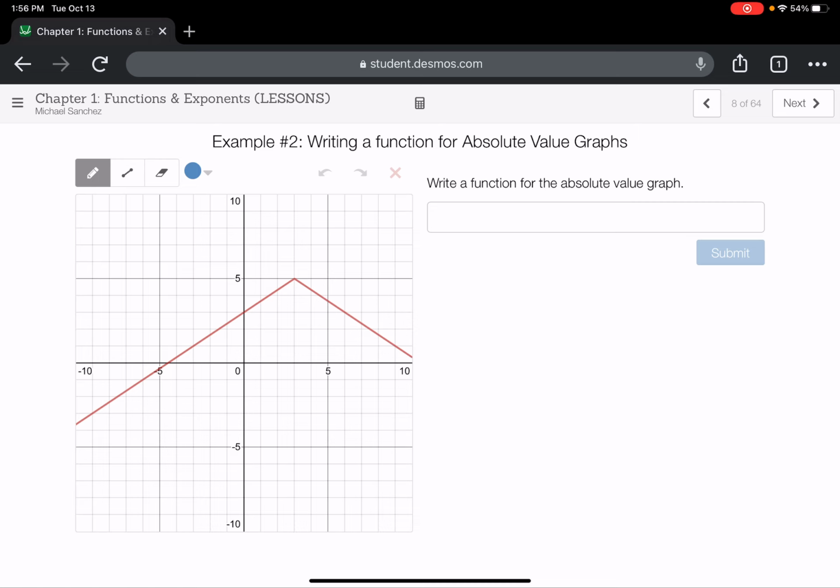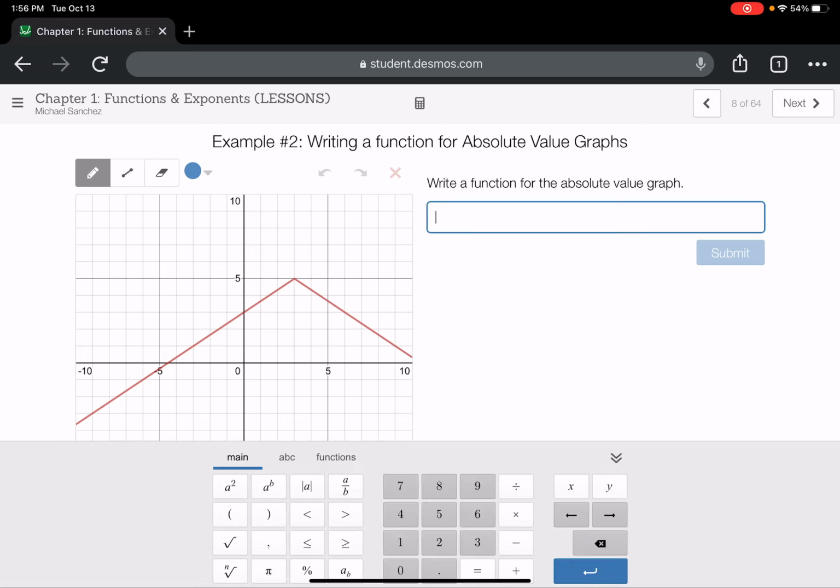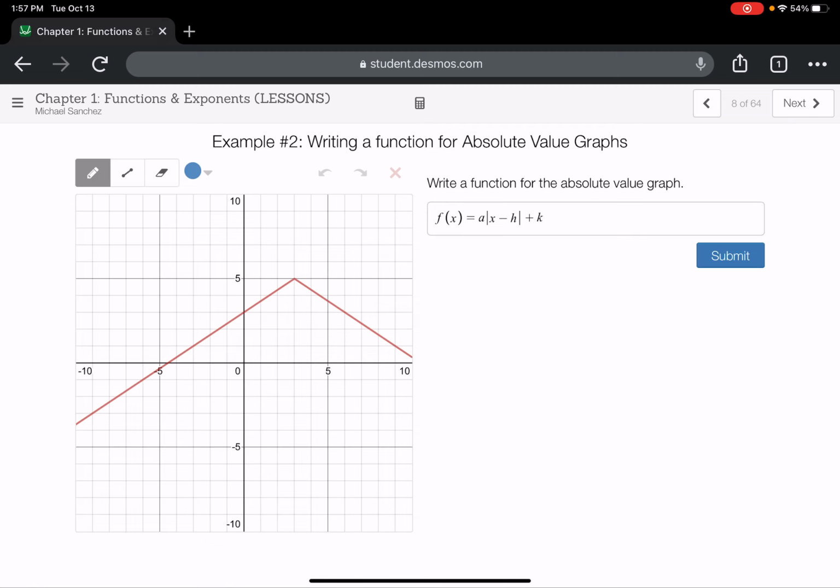So I'm going to go ahead and fill this bar right here with our parent function, with our vertex form, a absolute value x minus h plus k. And then I'm going to slowly start to replace the letters, the variables, with numbers to have our function.